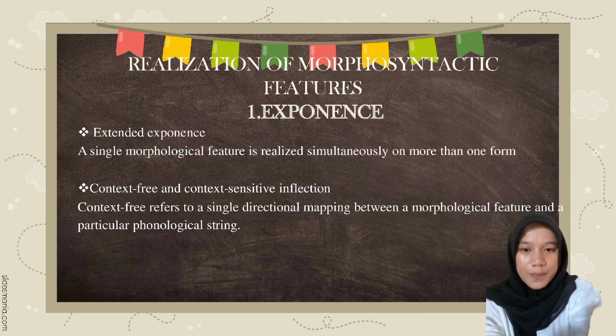Synthetic exponent: a single morphological feature is realized simultaneously on more than one form, in context-free and context-sensitive inflection. Context-free refers to a single directional mapping between a morphological feature and a particular phonological string.